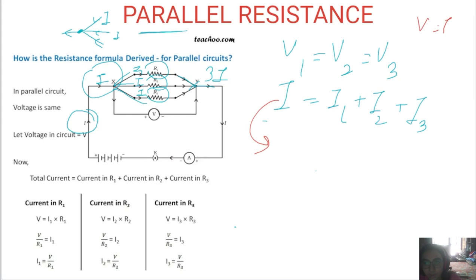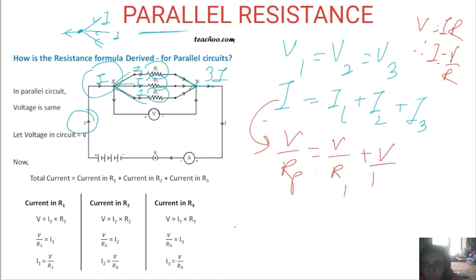V equals IR, therefore I equals V by R, right? So V by Rp, remember, is equal to V by R1 plus V by R2 plus V by R3, right?